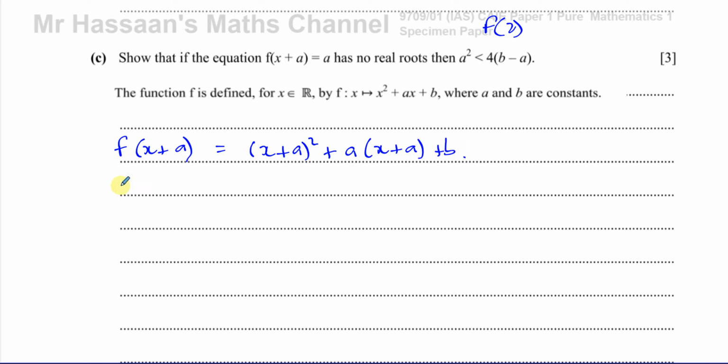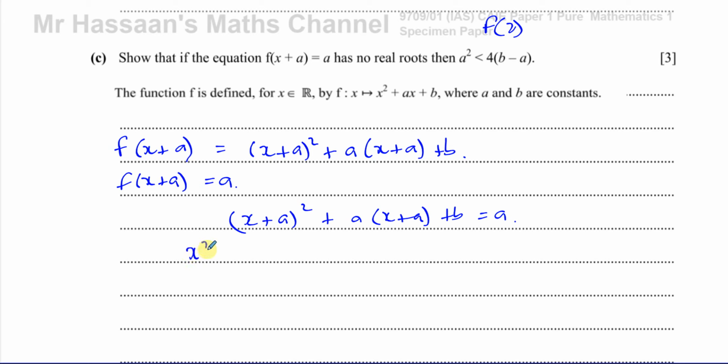And it says f(x plus a) is equal to a. So when I've replaced the x with x plus a, the whole thing will just equal a. So I have (x plus a) squared plus a times (x plus a) plus b equals a. Right? So I'm going to expand this and simplify it.